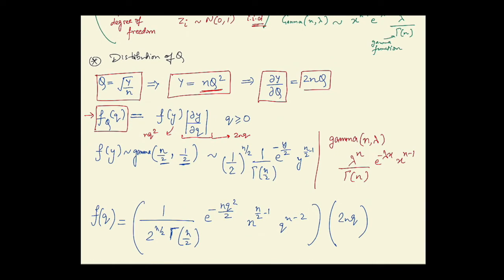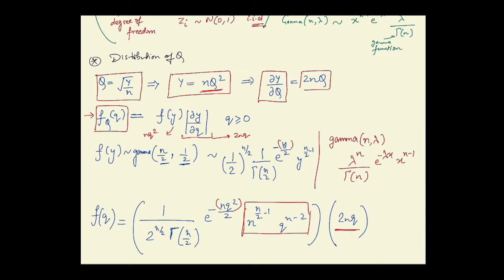So replacing these values, we get 1 upon 2 raised to n by 2 gamma n by 2, e raised to minus, we replace nq square by y, and then we replace y by nq square to get this expression: q raised to n by 2 into n into n by 2 minus 1, and then we multiply by del y by del q, which is 2nq.